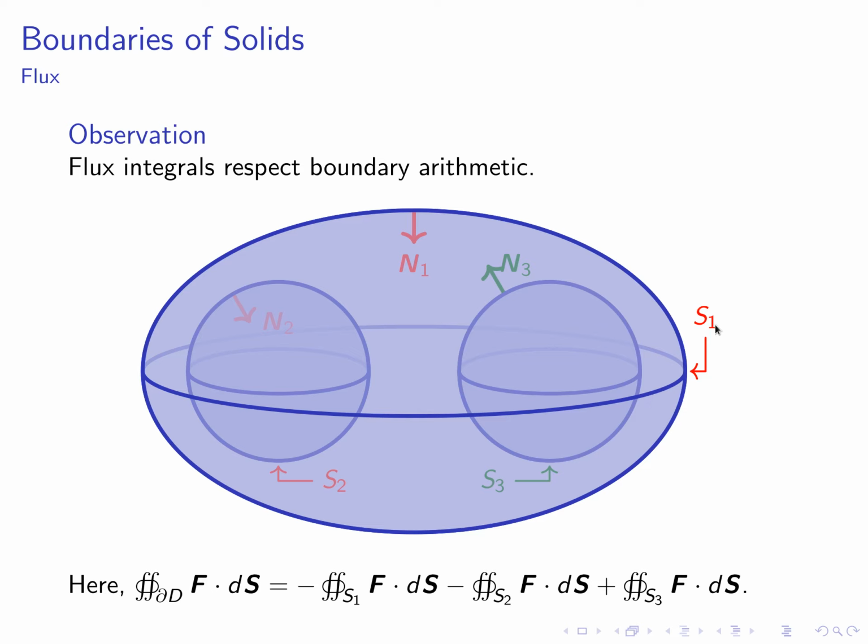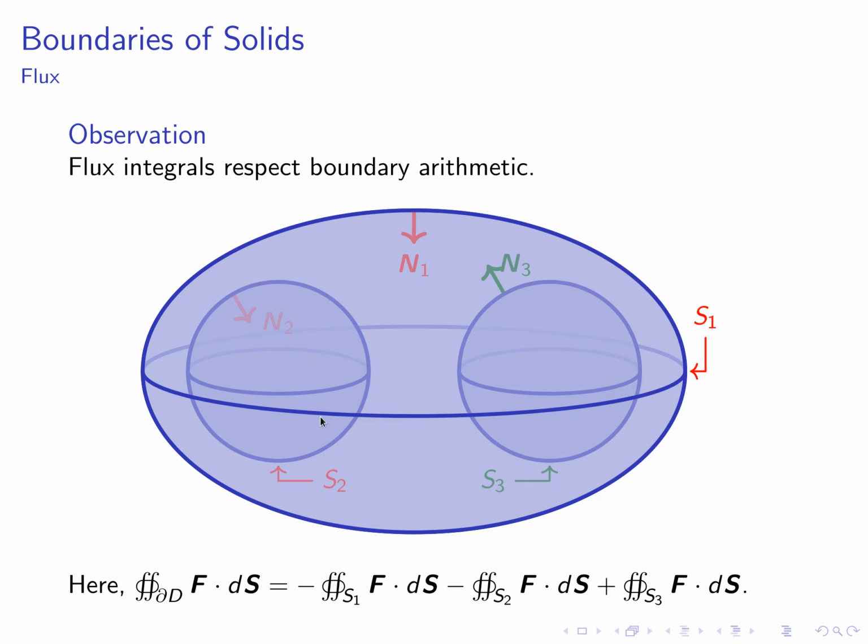So here S1 is maybe the first boundary surface, and here its normal vector is pointing into the domain, which indicates that S1 is negatively oriented. On the other hand, we have the second boundary surface, S2, and its normal vector is pointing into the sphere, which is actually away from the domain.